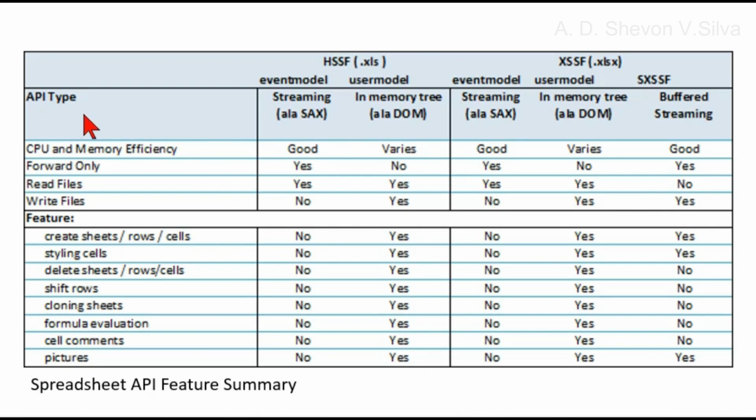Here you can see API type: HSSF or .xls, event model, user model. In the event model it is streaming according to SAX, and in the user model it is an in-memory tree according to DOM. Here XSSF or .xlsx: the event model is streaming according to SAX, and the user model is an in-memory tree according to DOM.